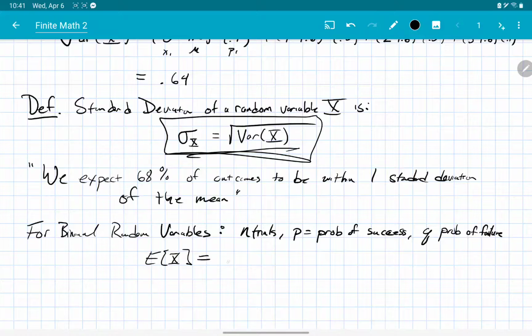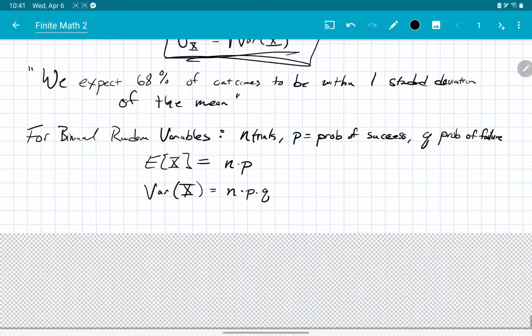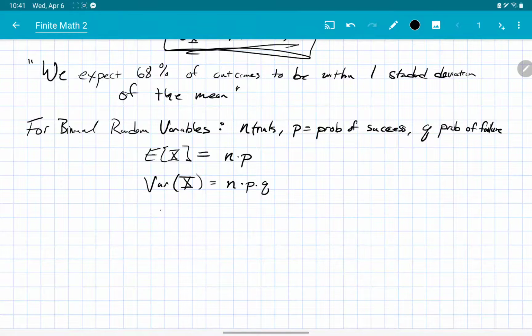The expected value or the expected number of successes we learned on Monday was n times p. It's the expected number of successes. The variance that we expect to find is n times p times q. I'm just handing you these formulas like Moses. These can all be derived, but for now we're just going to write them down, right? And this is square root of n times p times q then, because the standard deviation is just the square root of the variance.